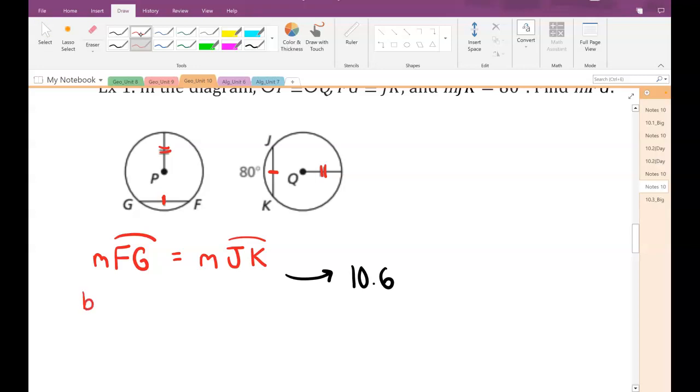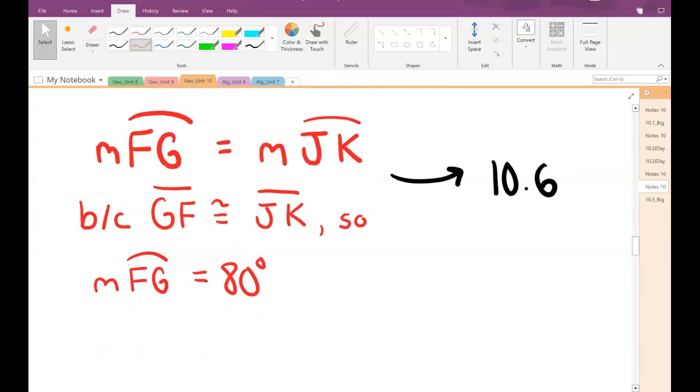So you can say because GF is congruent to JK, now I'm talking about the segment, then the measure of arc FG will be 80 degrees as well, because degrees is the unit of minor arcs. So again, 80 degrees.